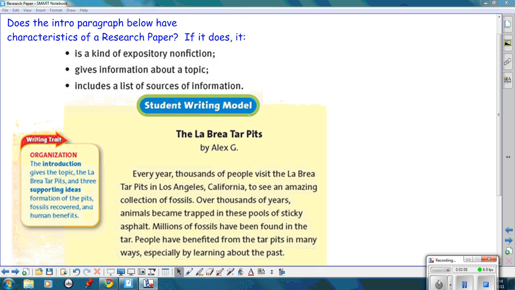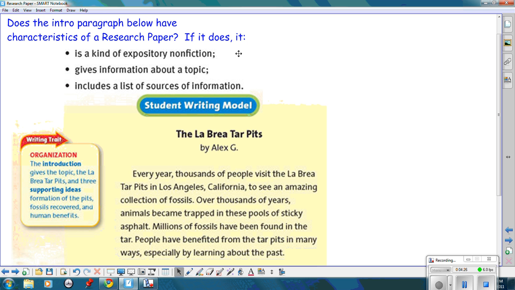Now let's take a look at Alex's example, and this is the student writing model. If we look at the introductory paragraph below, and throughout the whole essay itself, we will know that it's a research paper because it is a kind of expository nonfiction. In other words, it's written more in a story format, even though it's all factual information. This is not a made-up story.